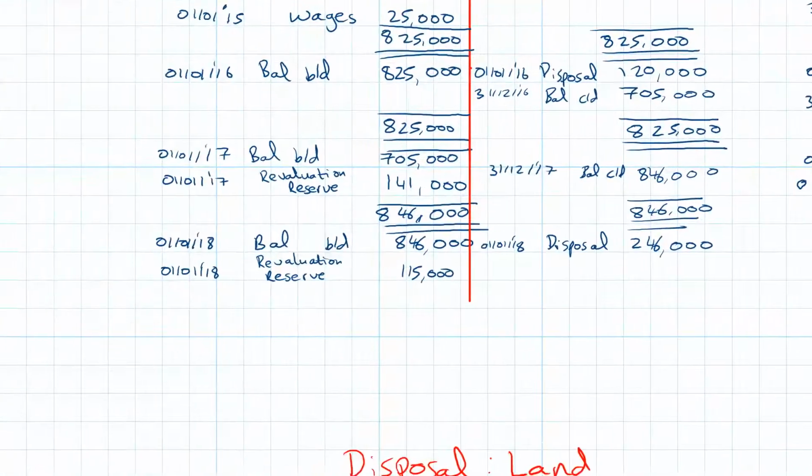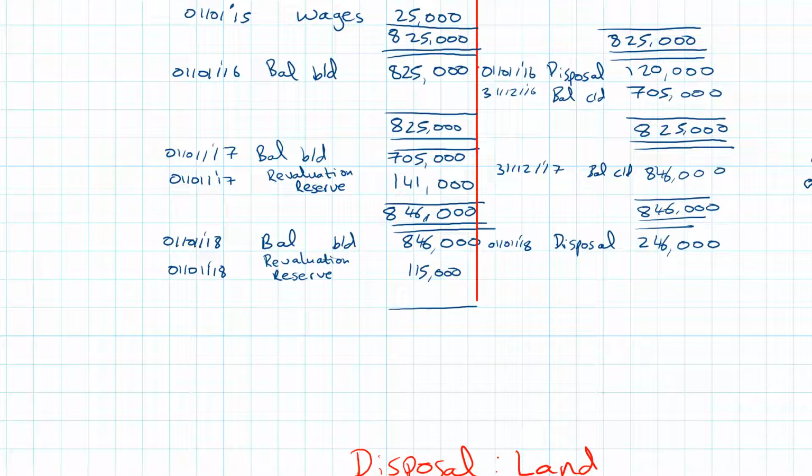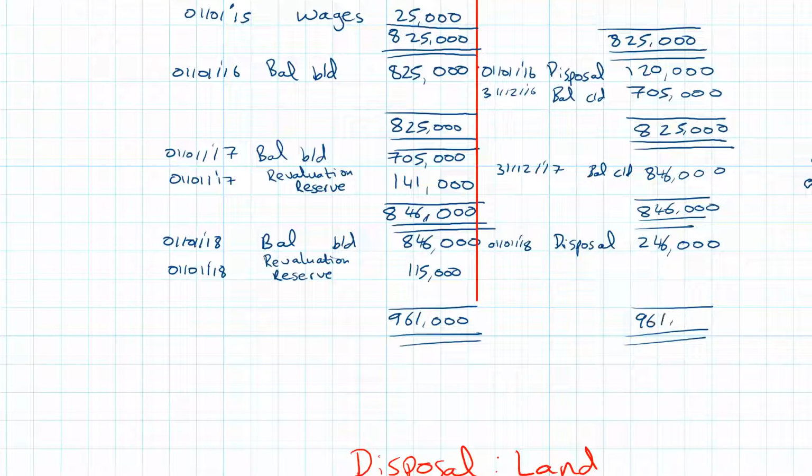Now we have to balance our buildings account. So the total is 846 and 115, 961,000. So less 246 is 715, and that's what we said we revalued it to.